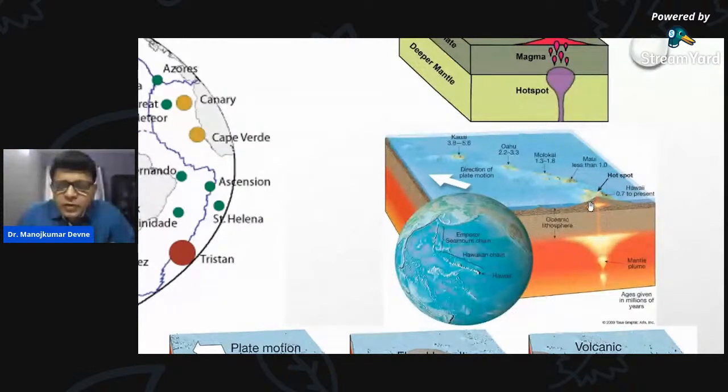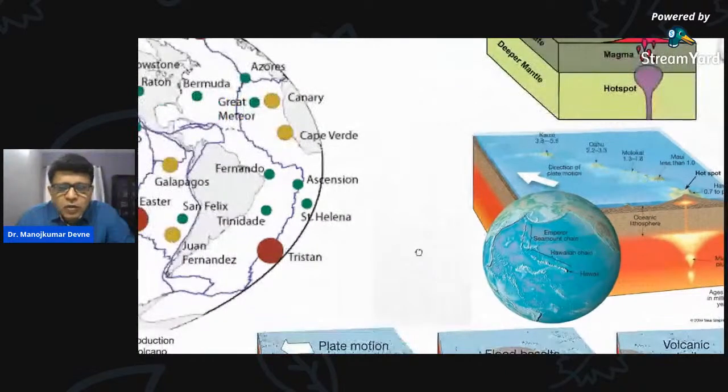The amount of magma coming out has increased, and that is why the present Hawaiian Island happens to be the largest of the islands, and it has active volcanoes on it as well. So this is how it happens. You can see here also in that circular thing. The Hawaiian is the last of it. Probably it will move ahead, and you'll have a new island which may come up in a span of some tens of millions of years.